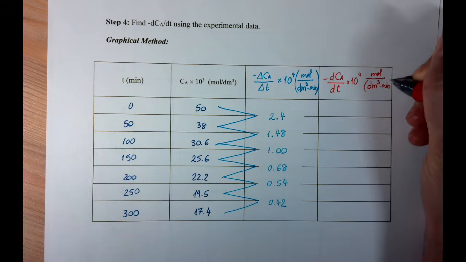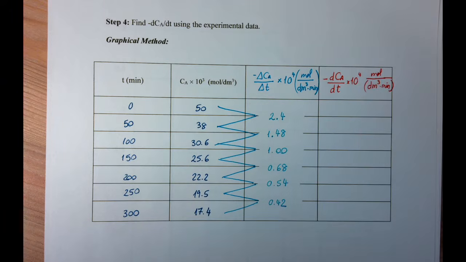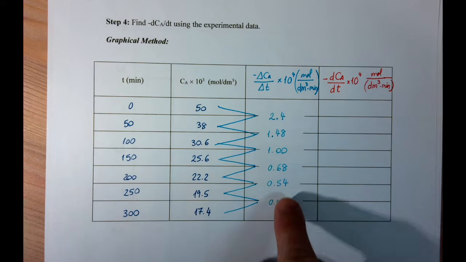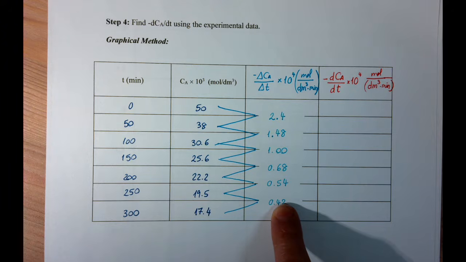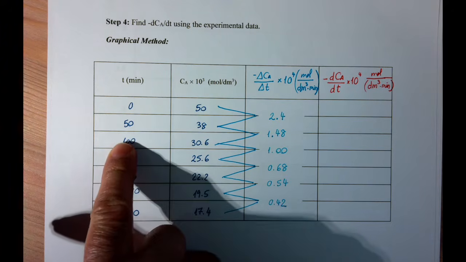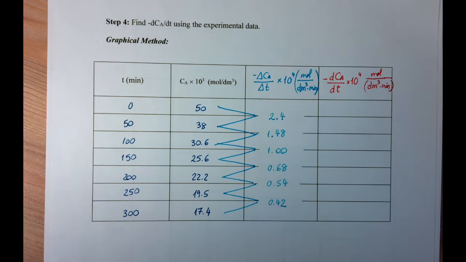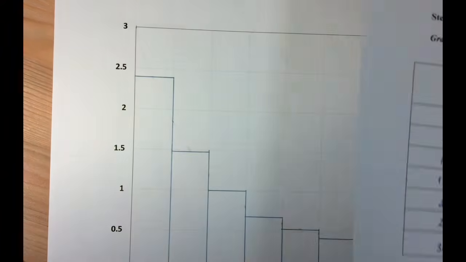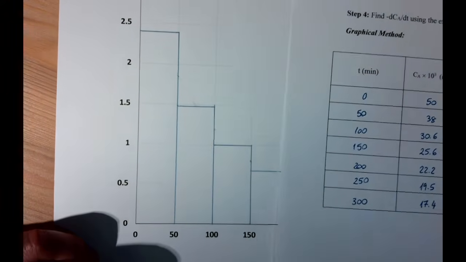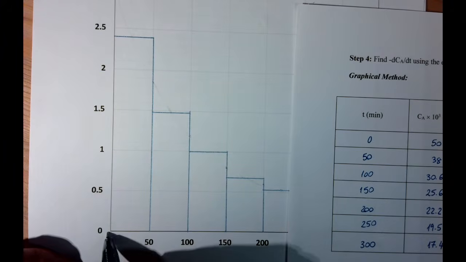The units don't change, same as the delta CA over delta T. So how do we do that? We'll have to first represent these delta CA over delta T values in the form of a histogram versus time.